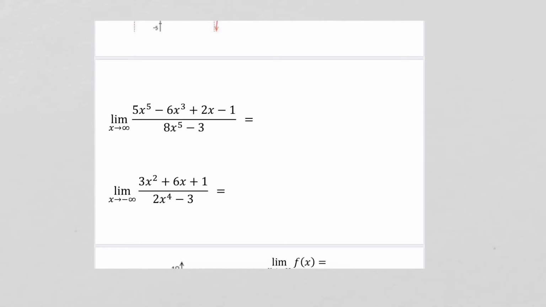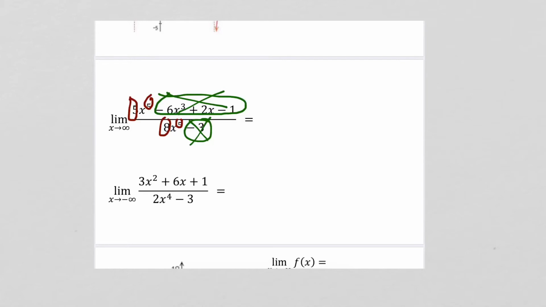So here's a couple examples. These are some nice rational functions where I need to figure out what's happening at infinity and negative infinity. So for this, I'm going to compare the degrees. I see this is degree 5, and this is also degree 5. And then there's some coefficients 5 and 8. Okay, and what we talked about when we reviewed horizontal asymptotes is at infinity, pretty much the rest of these terms are going to become so small in comparison to that first term that we can just cross them out at infinity and pretend they're not there.